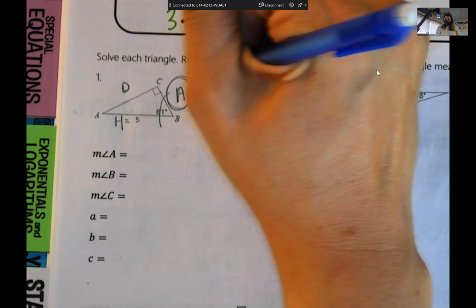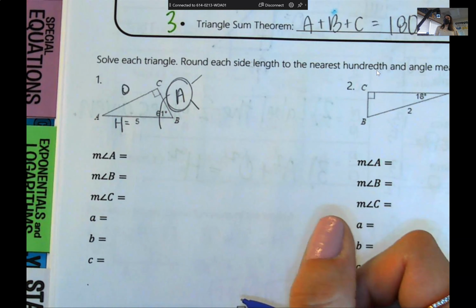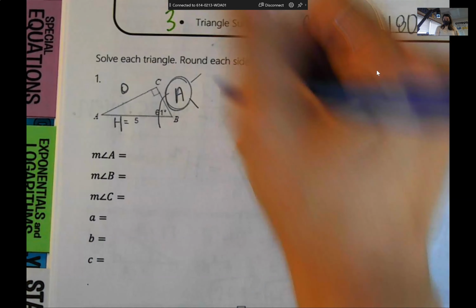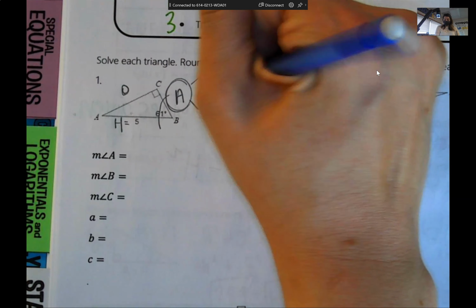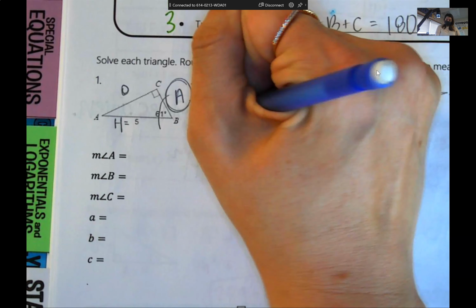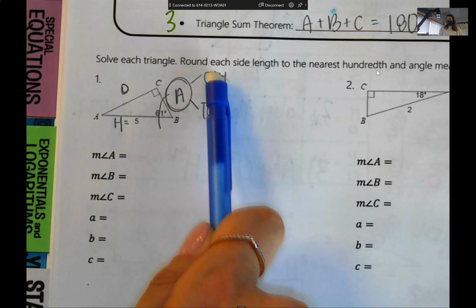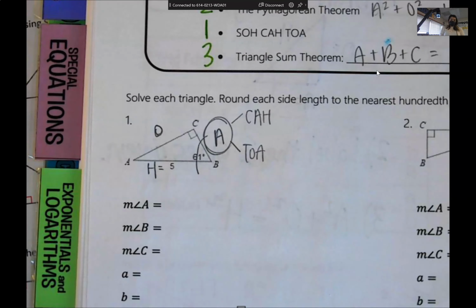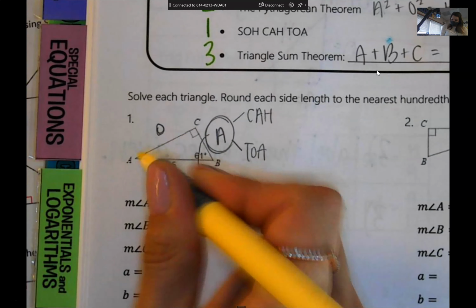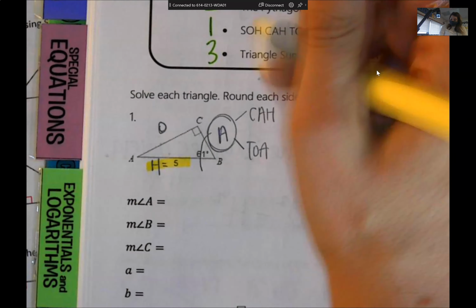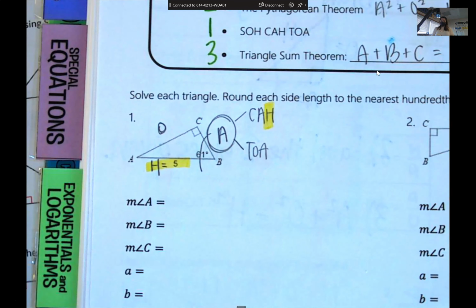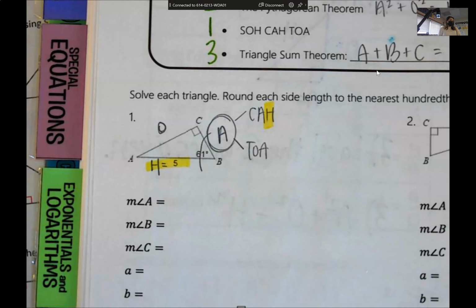From there, I list the two functions that it might be. So I could use cosine or tangent. Why? Because they both have an A. They both use an adjacent side. What do I have? Hypotenuse. So that means I'm going to use cosine to find my second side.